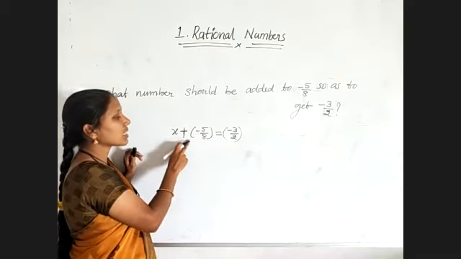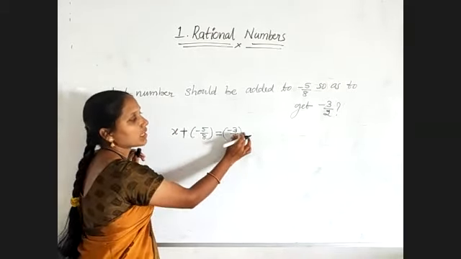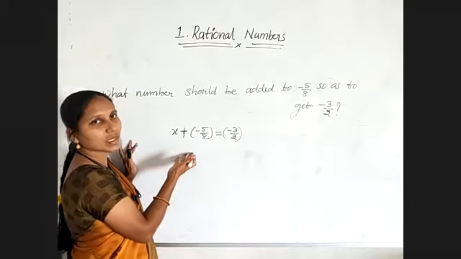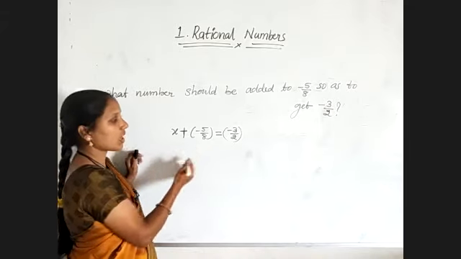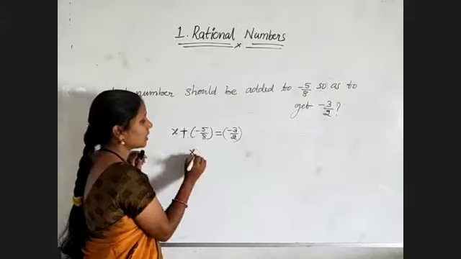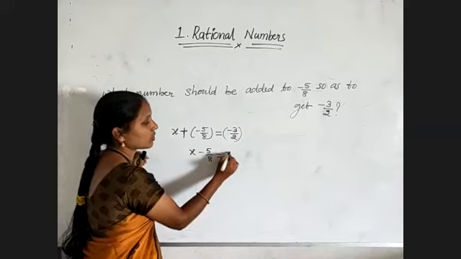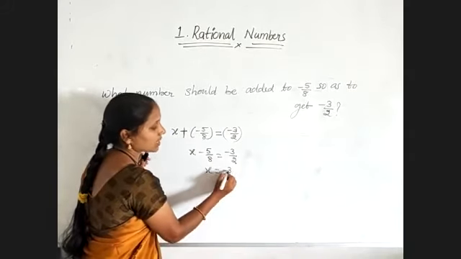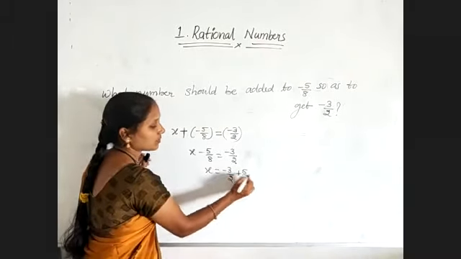So x is added to minus 5/8 to get the result minus 3/2. Okay. Now simplify this. This is a simple equation. You have simplified so many problems in the 7th class. So observe. x plus minus 5/8 is equal to minus 3/2. So x is equal to minus 3/2, bringing this to the other side, plus 5/8.